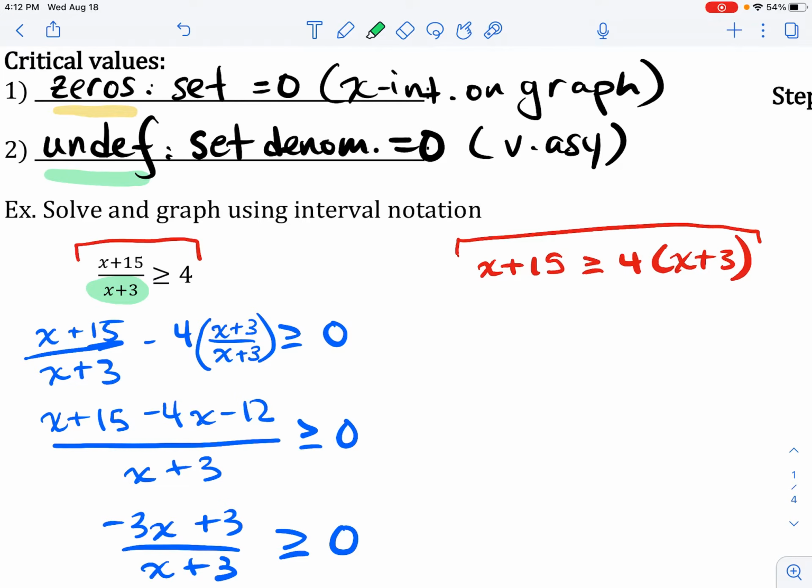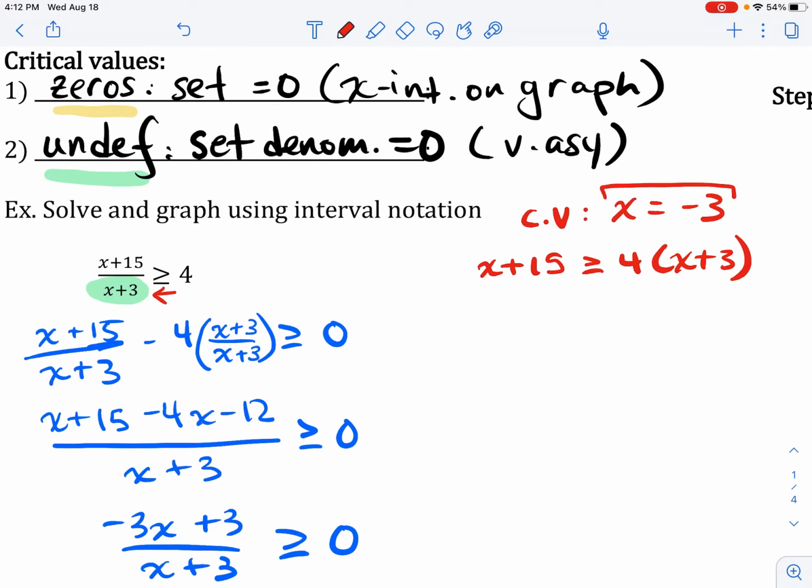Now, you can still do it this way, but you want to identify for yourself from the get-go that one of your critical values is the vertical asymptote x equals negative 3, because that is the x value that causes this denominator to be equal to 0. So if you're going to do it this way, really make sure that you remember that one of your critical values is negative 3.